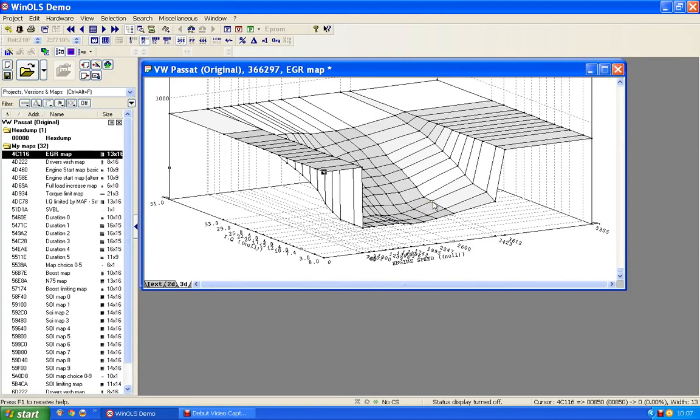So basically, as the revs rise up towards 2,500, 3,000, all the time the EGR seems to be open. It seems to be giving me about 600 milligrams per stroke of air.